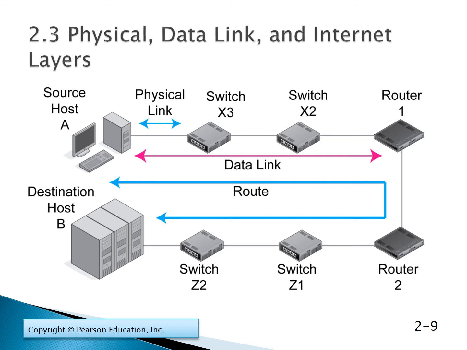And then the router is the one that you put at the boundary, or the interface, between multiple networks, right? So this one is one single network, and this one is another single network, right? From router 1 to router 2, and this router 2, and also the switches Z1, Z2, and also host B, and this one is another single network.